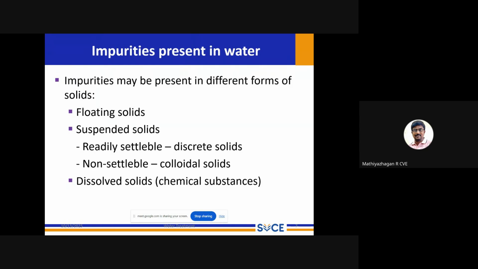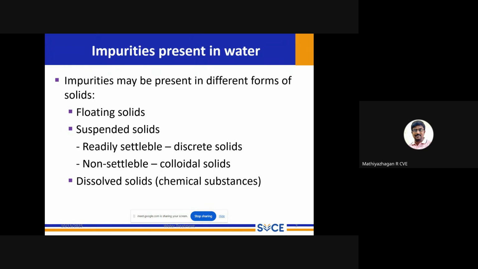In conventional water treatment, like Metro Water or any water supplied by the corporation, municipality, or any agencies to the general public, we go up to suspended solids removal. We are not bothered about the dissolved salts.